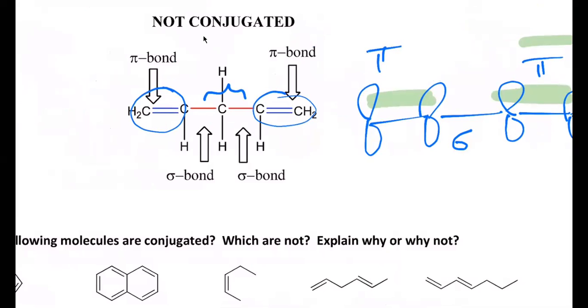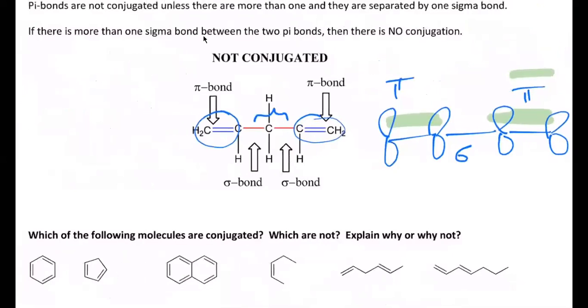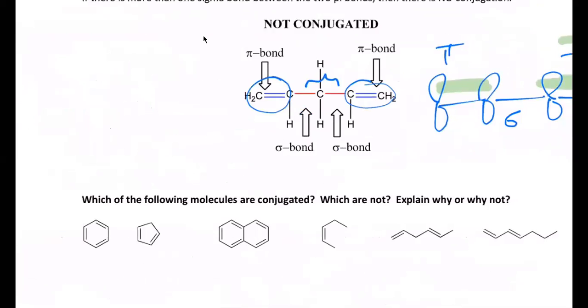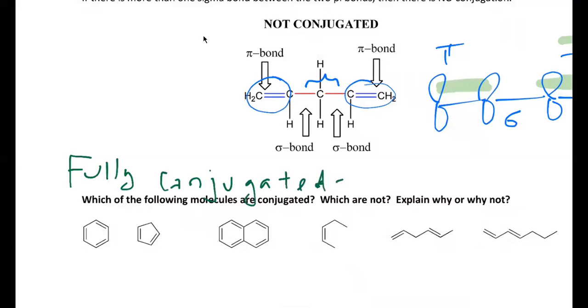And there's also a further definition, which is that something can be what we call fully conjugated. Right, and what that means is that there is a p orbital on every carbon.